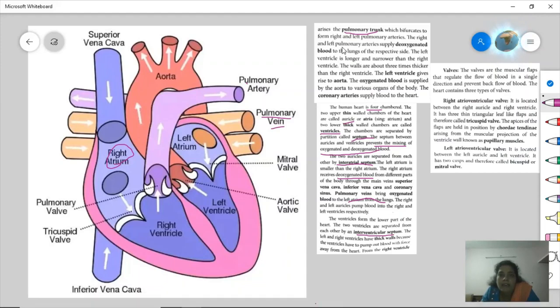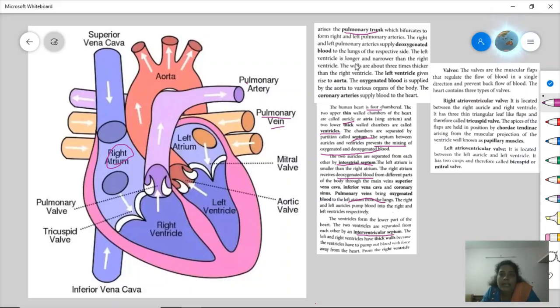The right and left pulmonary arteries supply deoxygenated blood to the lungs of the respective side. This pulmonary artery supplies only deoxygenated blood to the lungs.